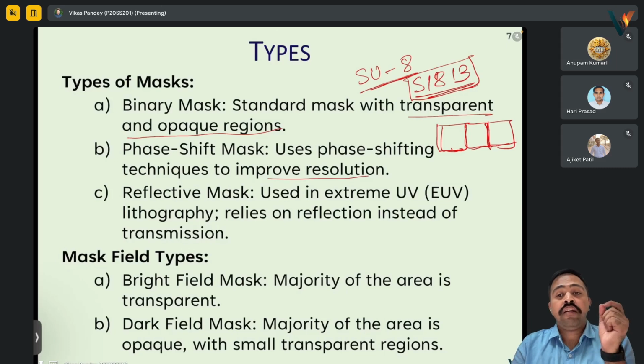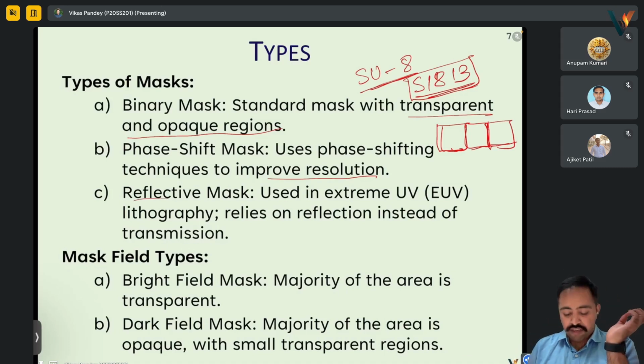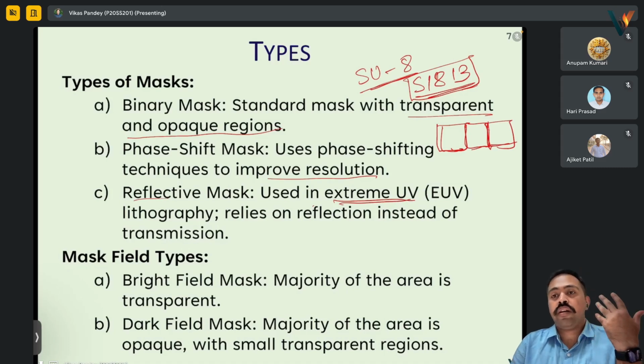Then there are reflective masks. Instead of transmission, these reflective masks are generally used in extreme UV. We know UV rays, then we go into the deep UV range, then there is extreme UV lithography also.